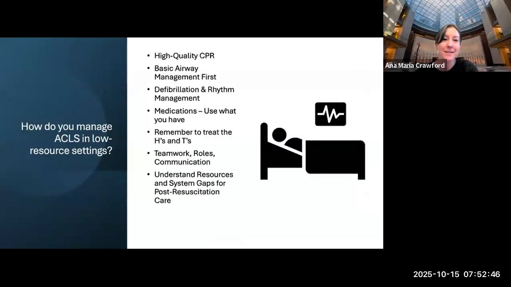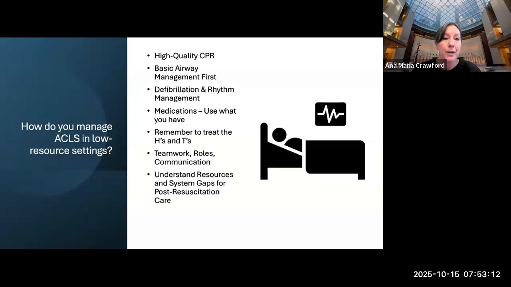Okay. What are some of the considerations for managing ACLS in low resource settings? I think you've done a great job, Dr. Tett, of talking about high quality CPR. That's probably the most important thing in the initial phases of resuscitation. Basic airway management, you talked about oxygen by nasal cannula or non-rebreather mask, or even just having a bag mask with high flow oxygen.